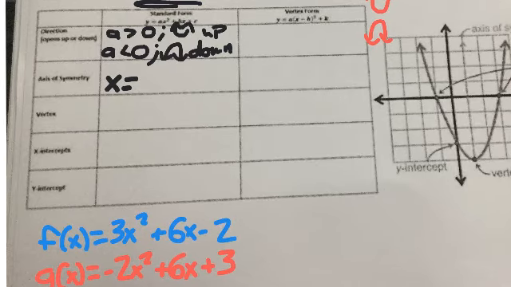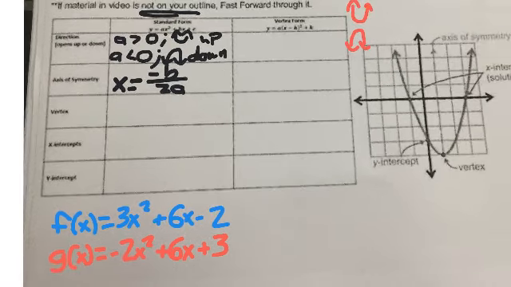And then to find where that vertical line happens, we would do negative b over 2a. Right, and we may eventually show where this is derived from, but you probably are familiar with that as well.